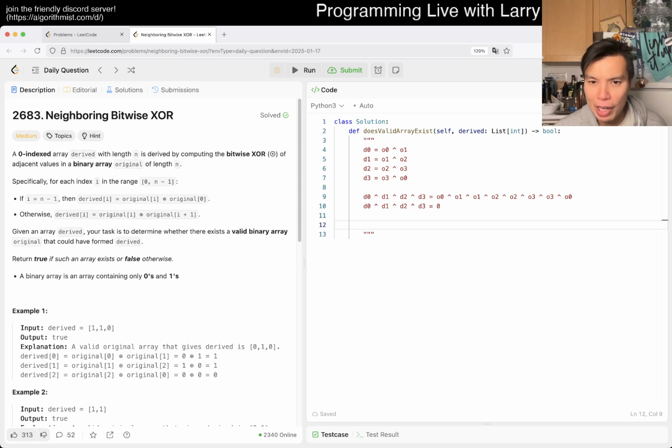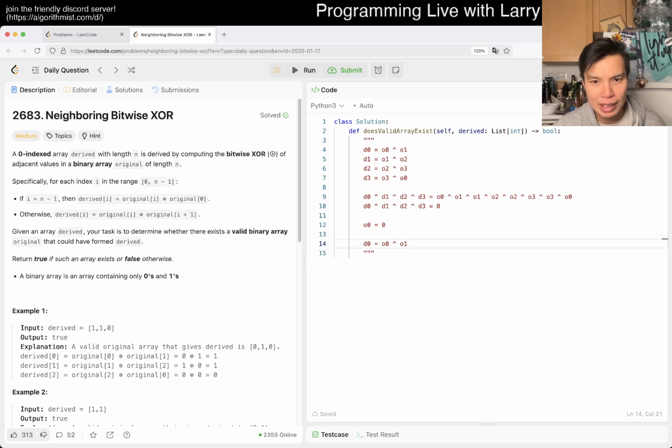Because these are known values. Let's say that both line 9 and 10 are true. So then, yeah, then O of 0, let's just say is equal to 1 without loss of generality. What does this mean, right? Or just 0, just because it's a little bit more generic, maybe. That means that now D sub 0 is equal to O sub 0 XOR O sub 1, right?